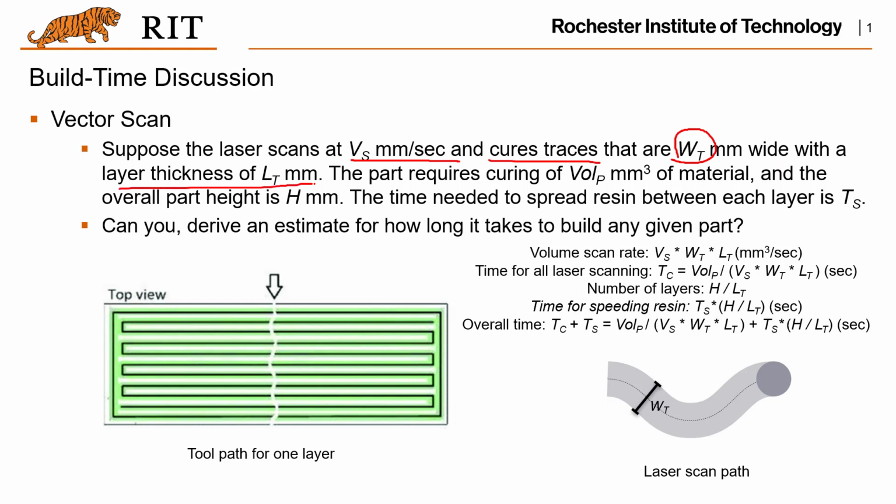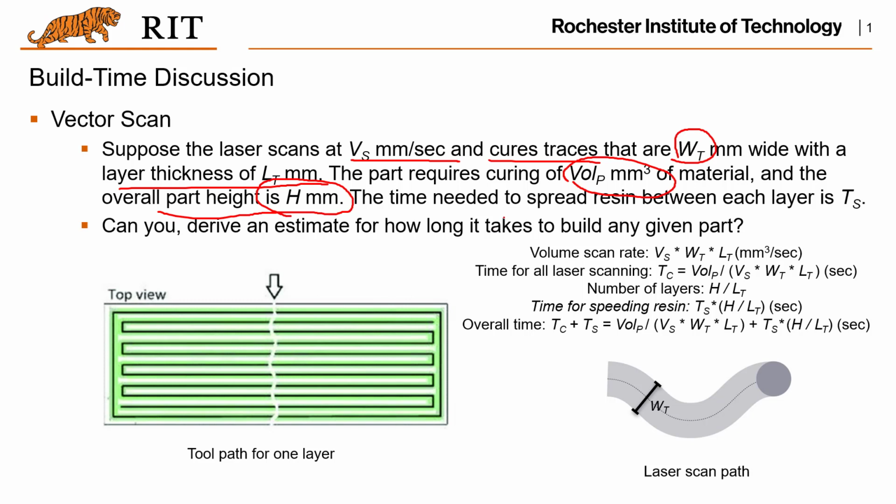And the layer thickness is LT. The overall volume of the building material is this volume P, in cubic millimeters. Also, the part height H is known as well.